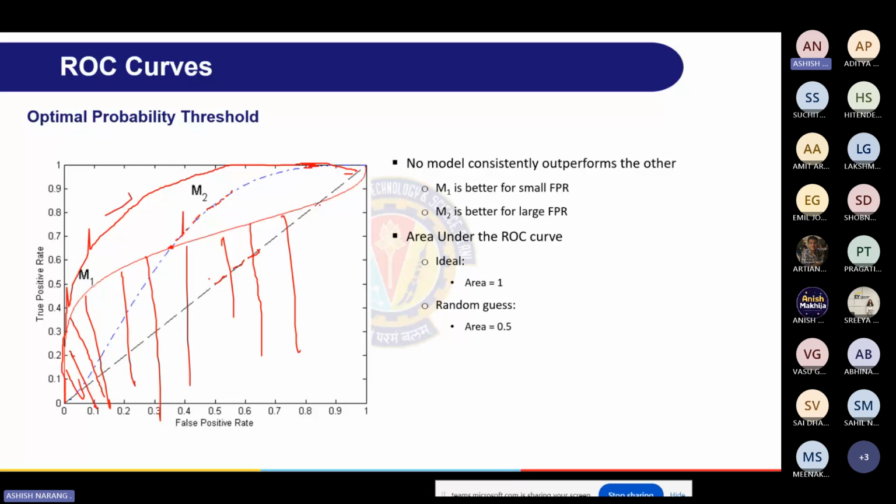Maybe the area of this curve could be the same as the red one, but we have different applications of the two models. In one domain, one model could be used, while in another domain, the other model could be used, depending on what we can tolerate and what we cannot.